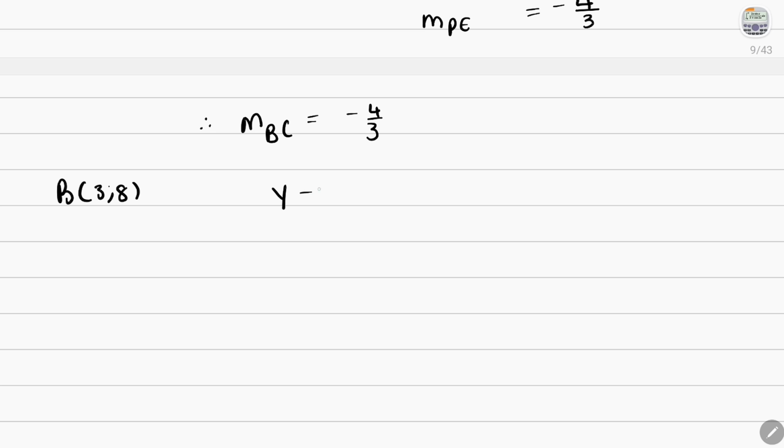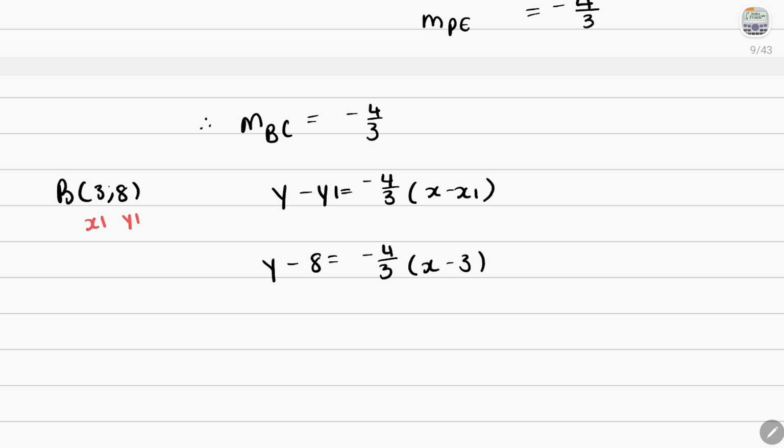So we can say y minus y1 is equal to our gradient, which is negative 4 over 3, times x minus x1. Our y1 and our x1 are the points we're substituting. So that is 3 and the y value is 8. So y minus 8 is equal to negative 4 over 3 times x minus 3.